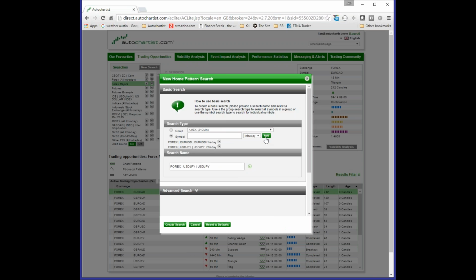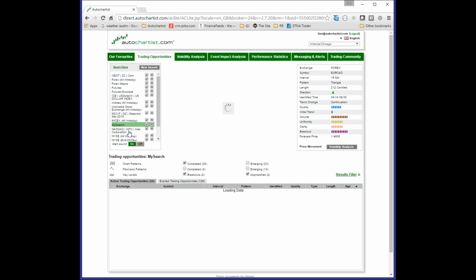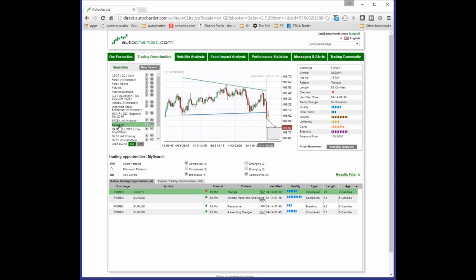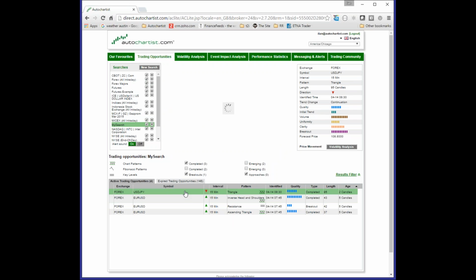Now we can call it something, my search. We click on Create Search, and Autochartist will retrieve only the available opportunities on Euro USD and USD JPY. So that's the way to do that.